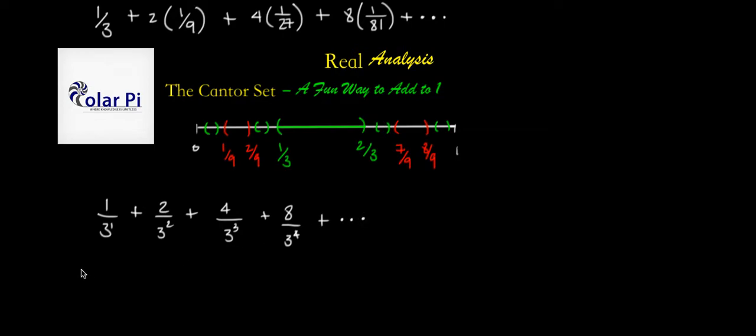Now, this sum is the same as 2 to the 0 over 3 to the first, plus 2 to the first over 3 to the second, plus 2 to the second over 3 cubed, plus, you get it, 2 to the third over 3 to the fourth, plus... I have many videos on sigma notation that you ought to check out.